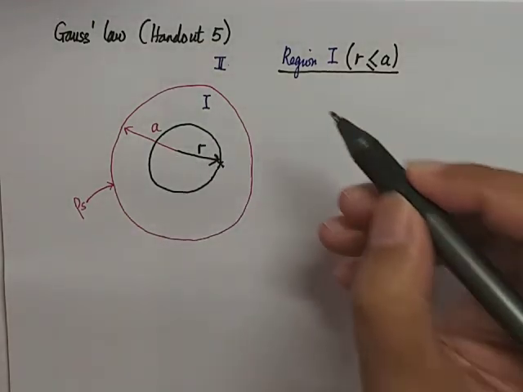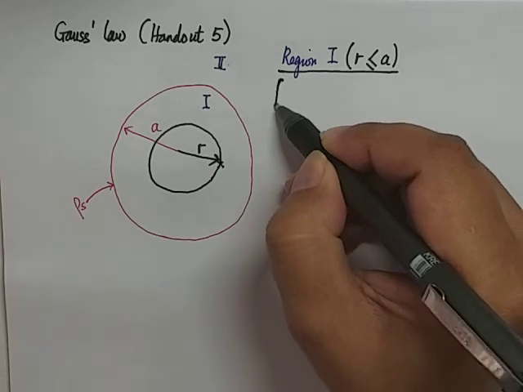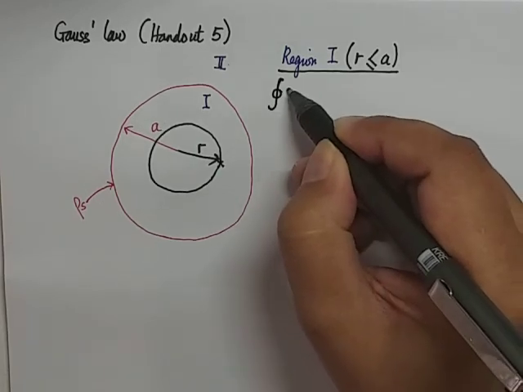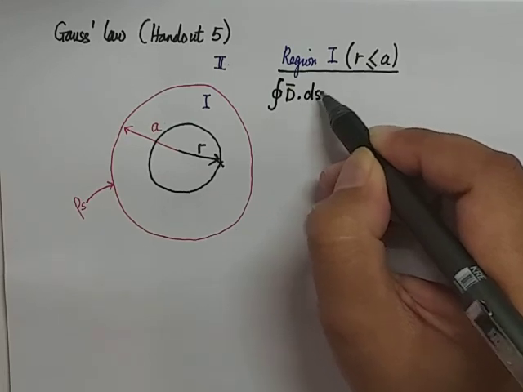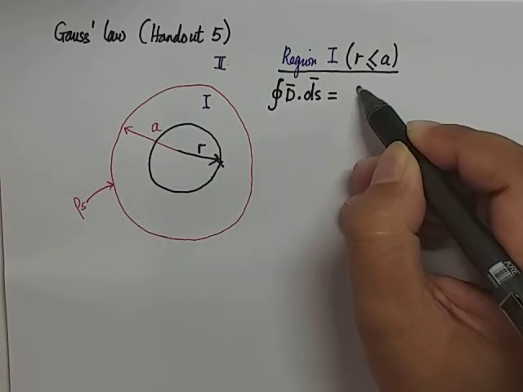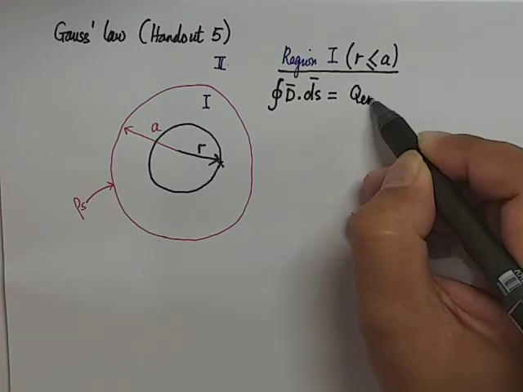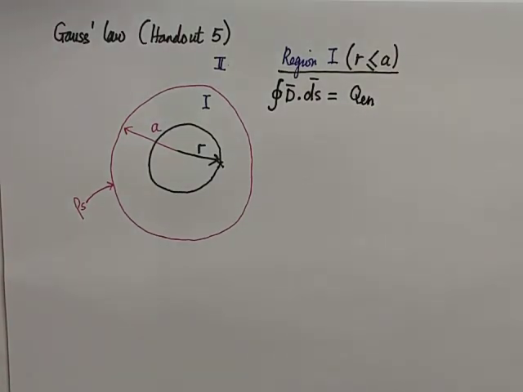Then step number 3, I'm going to define the mathematical Gauss law. We state D dot dS must be equal to Q enclosed. Okay, that should be step number 3.